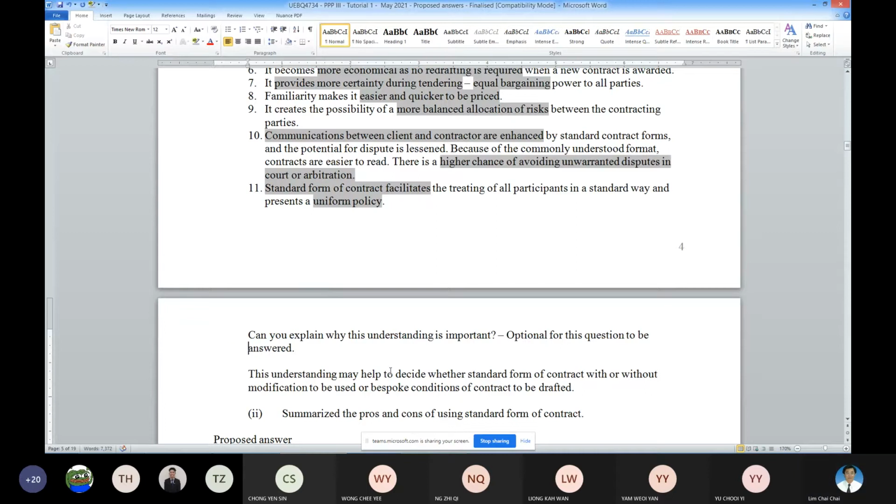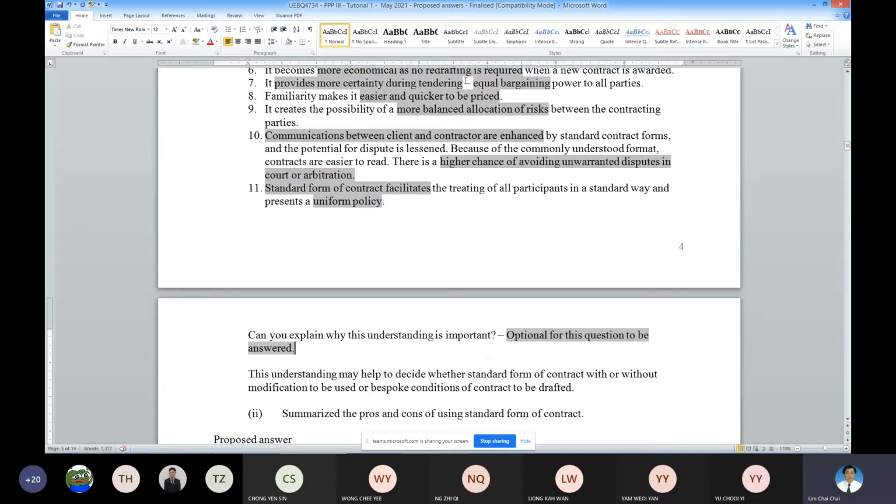Right? So generally, you find that the understanding can help to decide whether a standard form of contract with or without modification is to be used, or a bespoke condition of contract is to be used. So this is important.